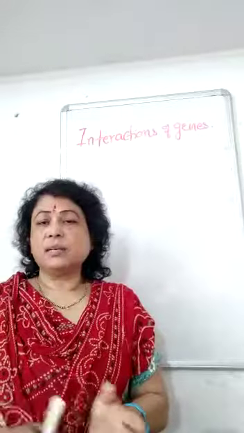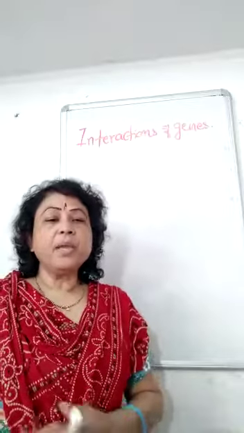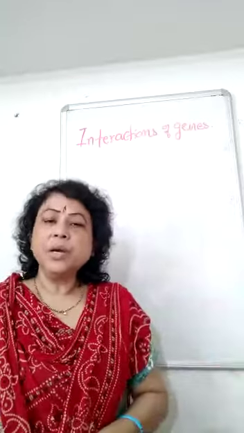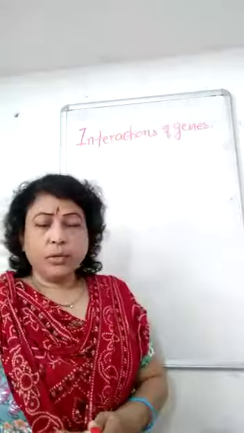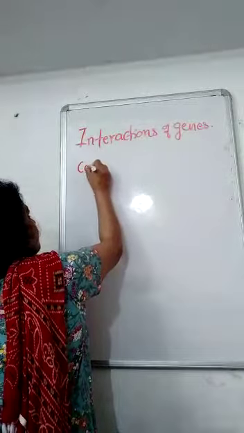So all these are known as the interactions of the genes. That means these two dominant genes behave differently when they come together, and when they are independent, they behave differently. Okay. So today we are going to discuss the complementary interaction of genes.